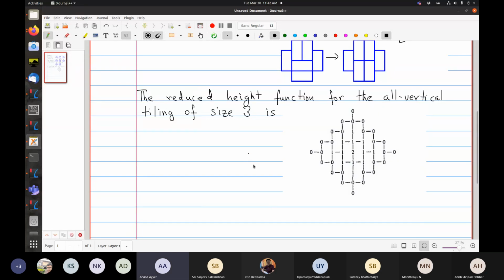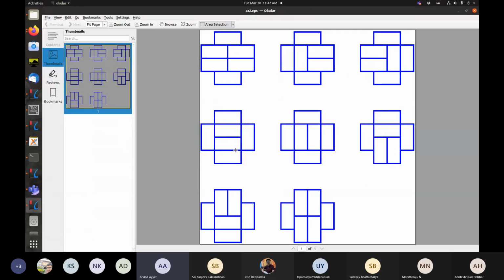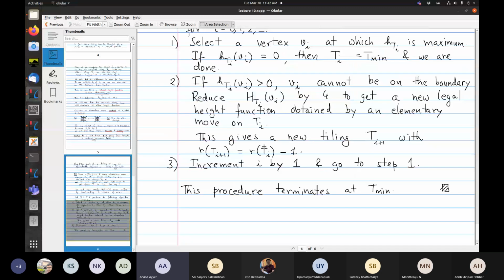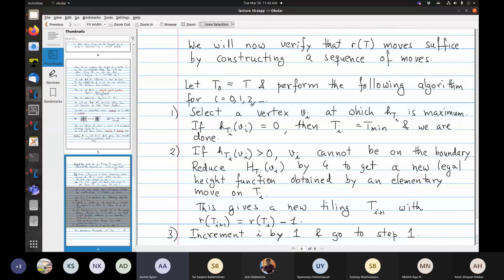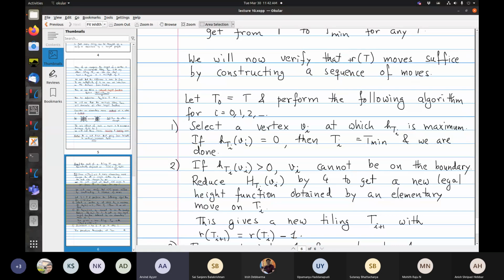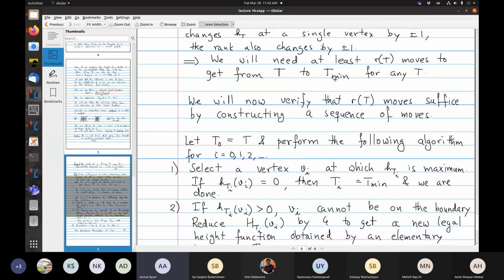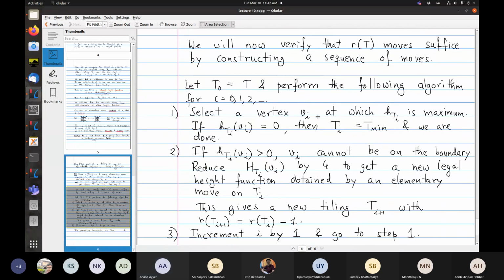Okay, here it is. So if you remember the proof, what we did was we constructed a sequence of moves starting from a given tiling to T-min, the all horizontal tilings, by picking a vertex where it's maximum, and if that value is not 0, then you reduce it by 1 to get a new tiling.